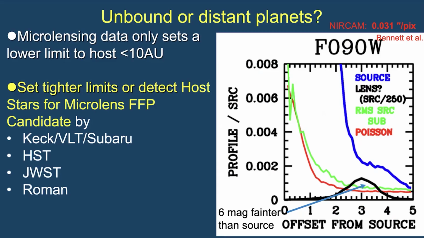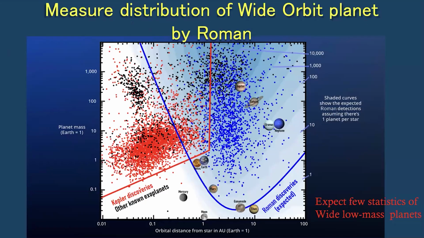This is a simulation by J. Anderson to try to measure the lens object 6 magnitudes fainter than the source star. And this is a very powerful way of constraining whether they are really distant planets or free-floating.